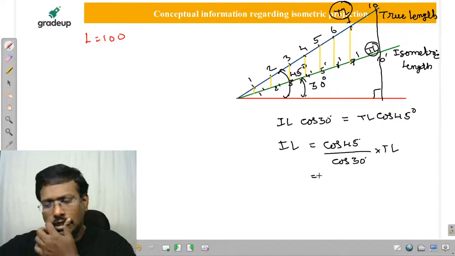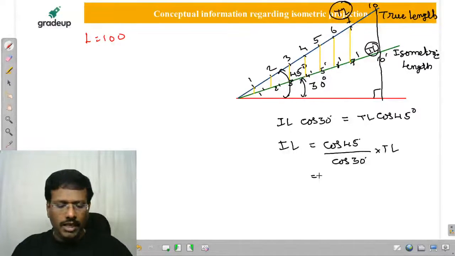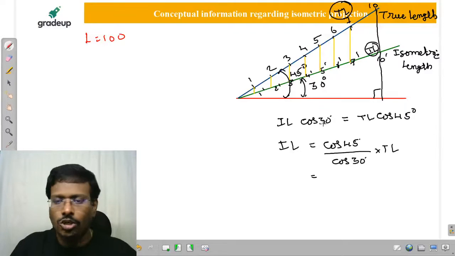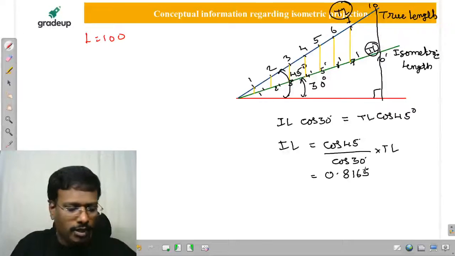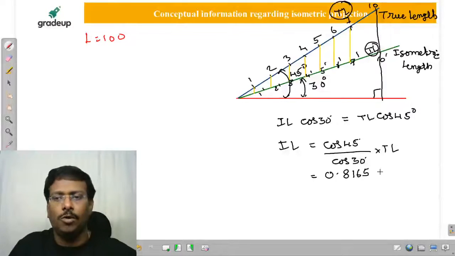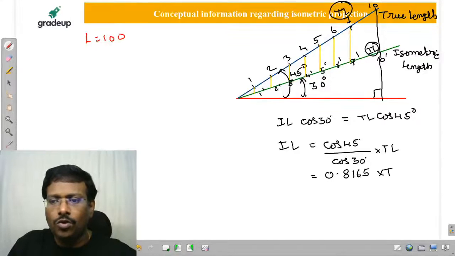How much is it? Cos 45 divided by cos 30 gives 0.8165, so it is almost 0.8165 of the true length.